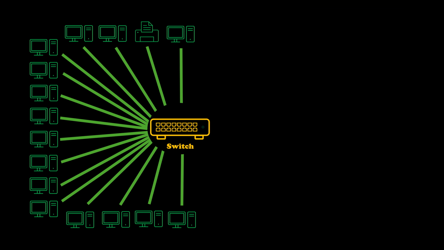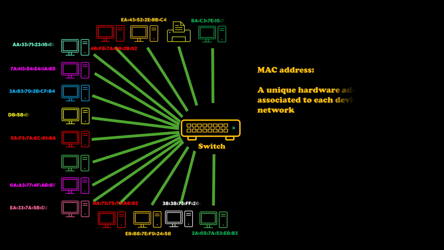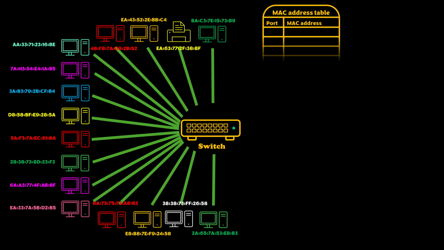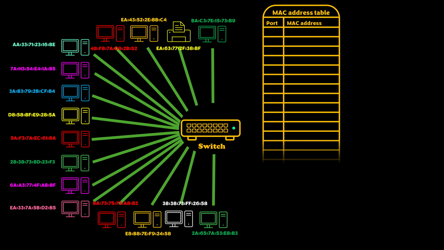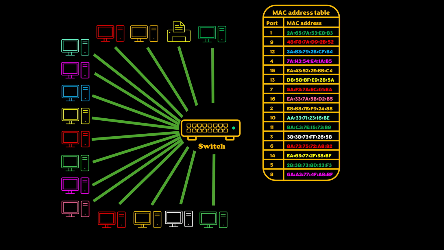Let's dive deeper. How does the switch know where to send data? Keep in mind, each of these devices connected to the switch will have something called a MAC address. A MAC address looks like this, and it's a unique hardware address which is associated to each device on the network. The switch will have something called a MAC address table stored in its memory. This table will include the MAC address of each device as well as the physical port on the switch each device is connected to.